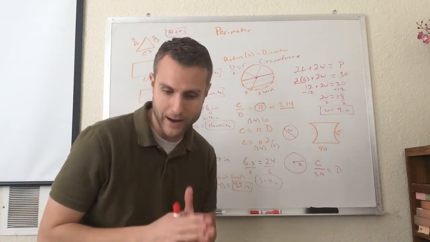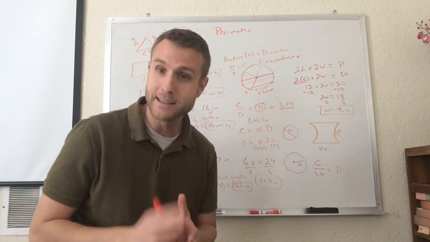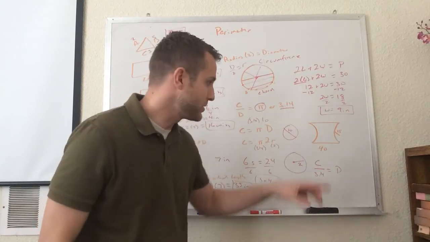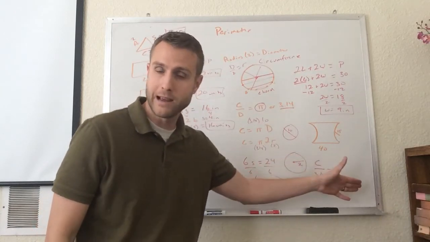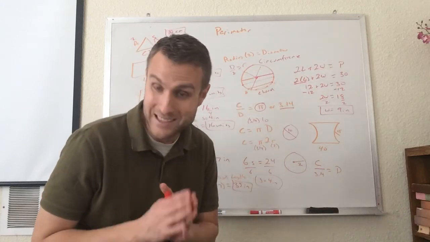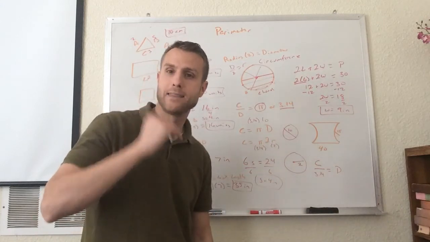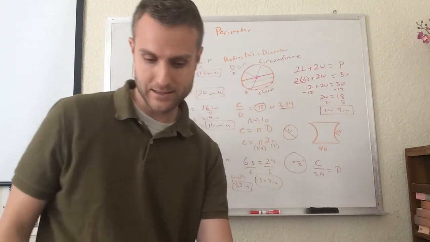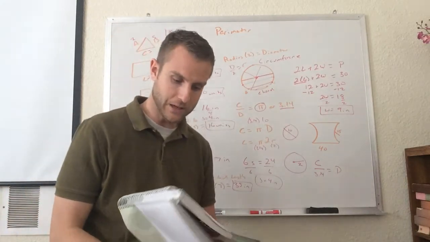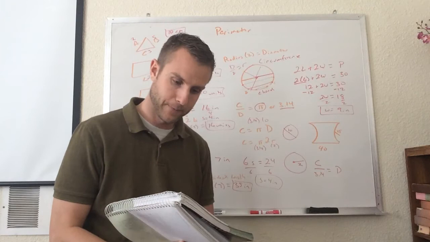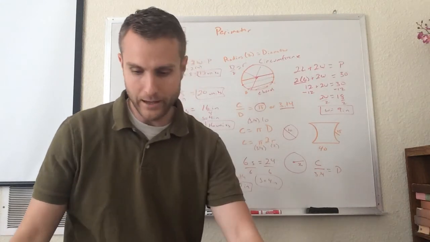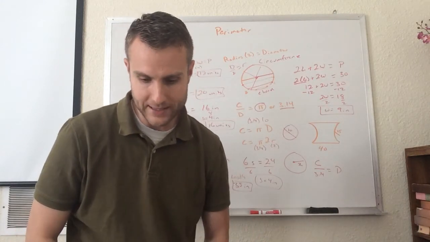And then, for 8, 9, and 10, the first thing you need to do is do circumference divided by 3.14 to get your diameter, round to the tenth, then divide that by 2 to get your radius. Again, make sure they're both rounded to the tenth. And really, that is the whole lesson.